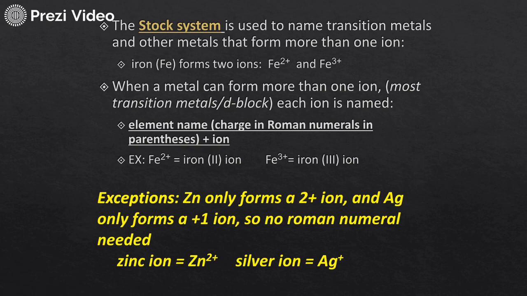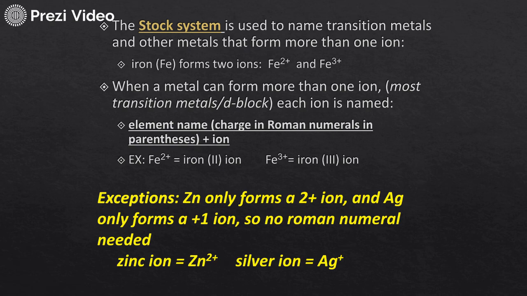We would use the stock system of naming in order to name iron, because we want to be able to identify which iron it was that we were talking about. If you have an ion that has more than one charge, you might ask, Powers, how do I know? Well, most of the transition metals in the d block are going to have more than one charge. But we're going to show you a little table in a second that will give you an idea of which ones do and which ones don't.